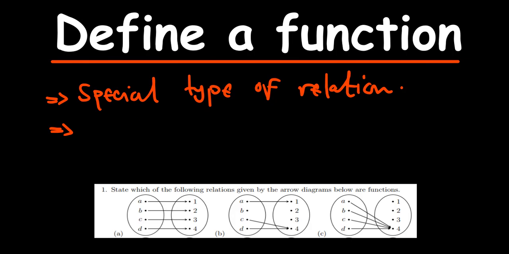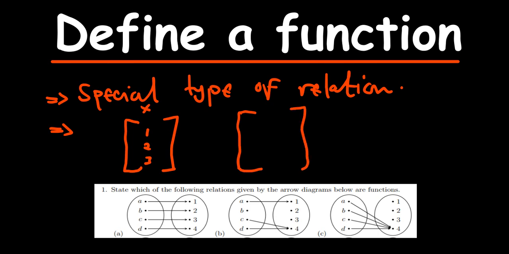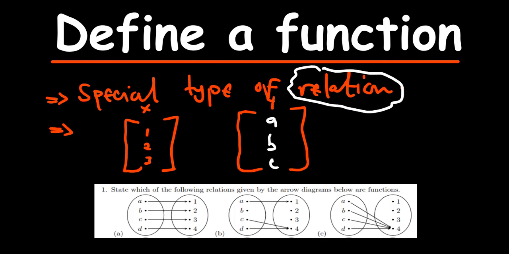So for example, if I have my first set there, let's say this is set X, and it has 1, 2, 3, and here I have another set which is set Y, and this set Y has A, B and C. So we know that this relation here will just be a rule that will associate the elements of this set X to the elements of this set Y. So we can have mappings between these two sets.